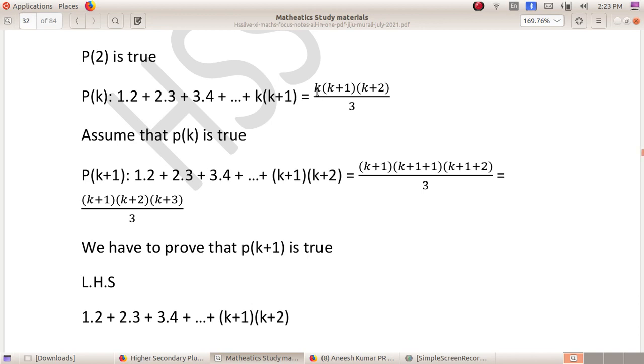Instead of k we are substituting k plus 1: k plus 1 instead of k, k plus 1 plus 1 instead of k, k plus 1 plus 2 divided by 3. This is k plus 1, this is k plus 2, this is k plus 3 divided by 3. So we got this is true for n is equal to k plus 1.